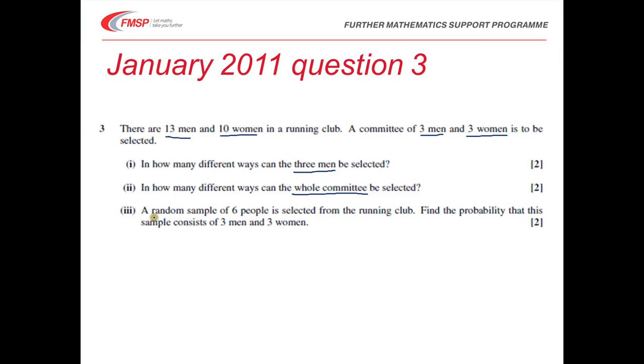And then we're taking any old random sample of 6 people and asked to find the probability of 3 men and 3 women. Do notice that although this last question looks rather hard, there are only 2 marks available for it, so we're probably going to be able to use some of the earlier work.